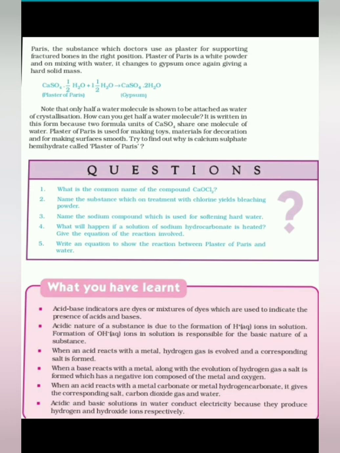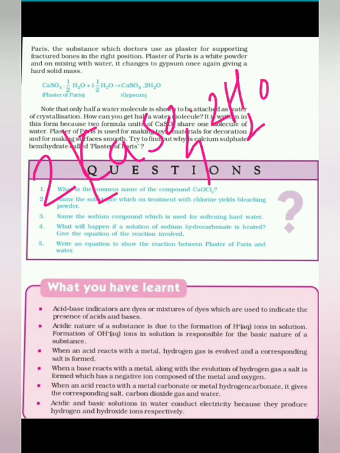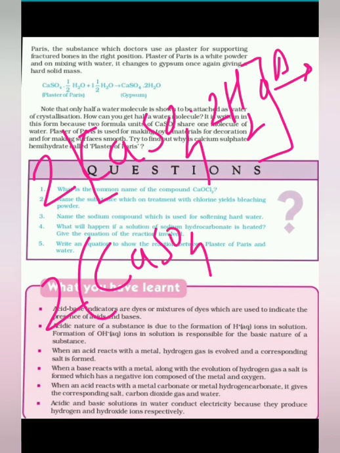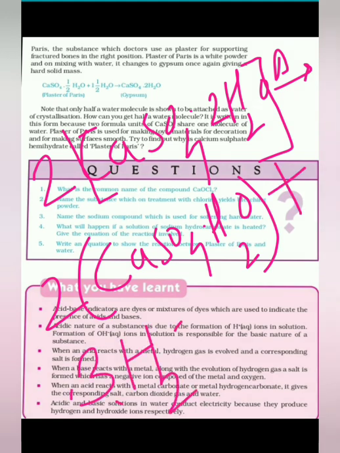Actually it is written in this form because 2 formula units of calcium sulfate share 1 molecule of water. 2CaSO4.2H2O, when heated at 373 Kelvin, forms 2CaSO4.H2O, meaning 2 molecules of calcium sulfate hold 1 water molecule, because practically it is not possible that it will hold half a water molecule.